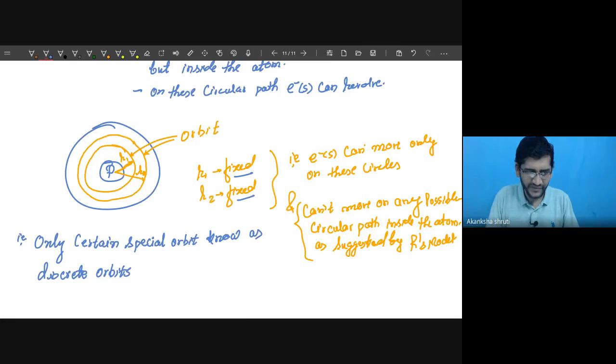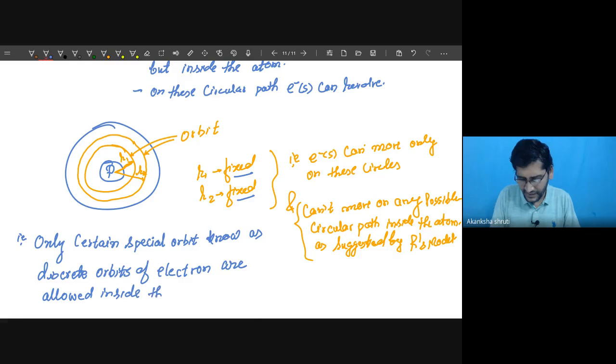Discrete orbits of electrons. So the concept of discrete orbits of electrons was given by the Bohr model. These discrete orbits of electrons are allowed inside the atom.